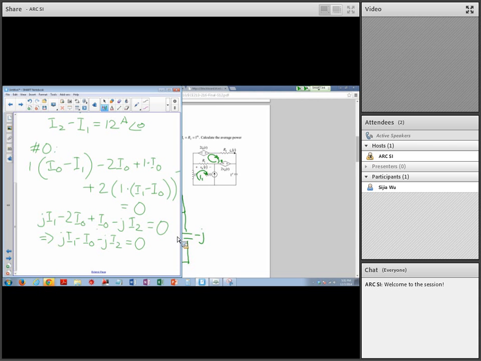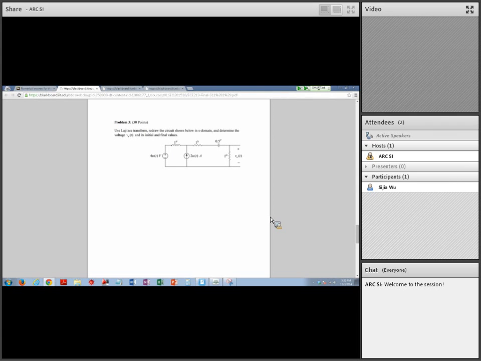Which one? This one is again ZL. This one seems easy enough. Where? Which one? I'm not sure which one.